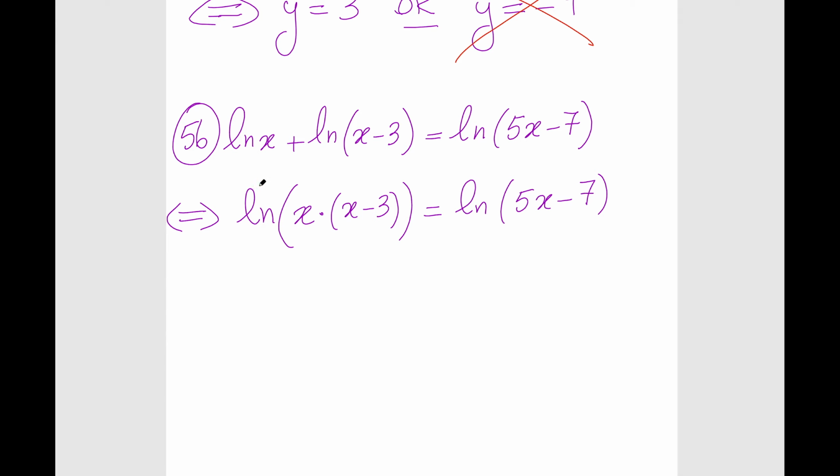So in this case, I have a logarithmic equation, but this is log base a acting on something and log base a acting on something else. If this guy and this guy are positive, then this is the same thing via double asterisk. If you remember double asterisk above, the same thing as saying that x times x minus 3, which is the input in this function ln, should match the input in this function ln, which is 5x minus 7. Agree with me?